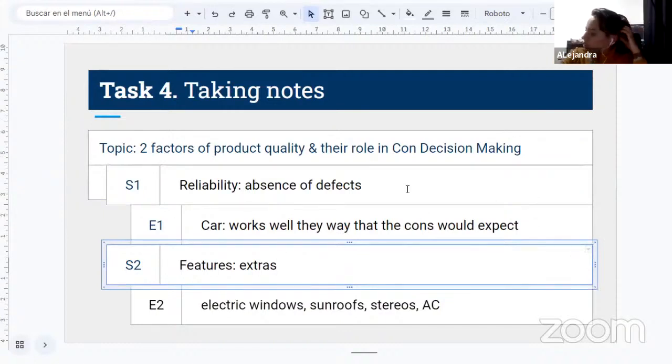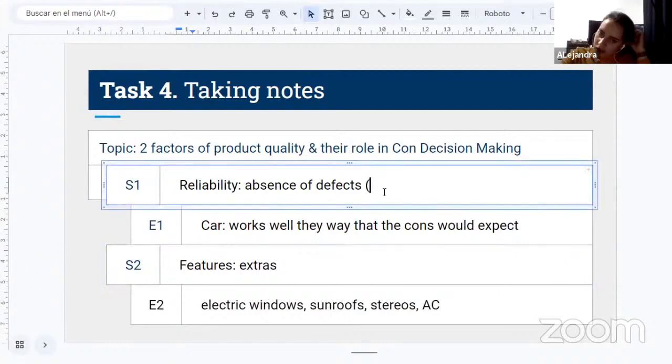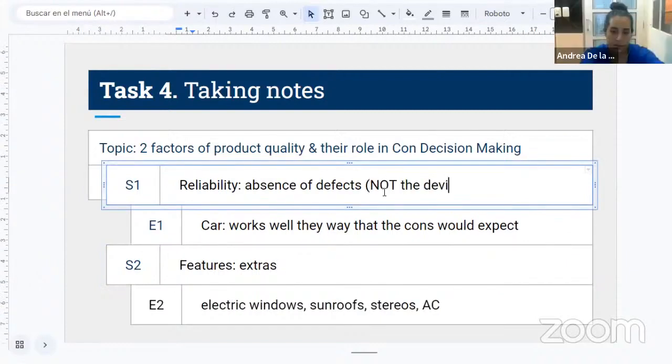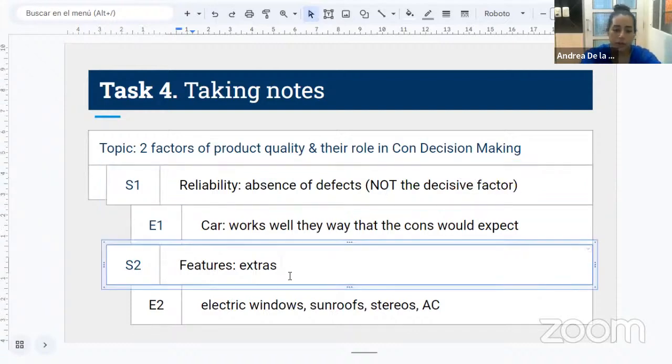Reliability now isn't a decision factor. Exactly. But instead, features are, right?